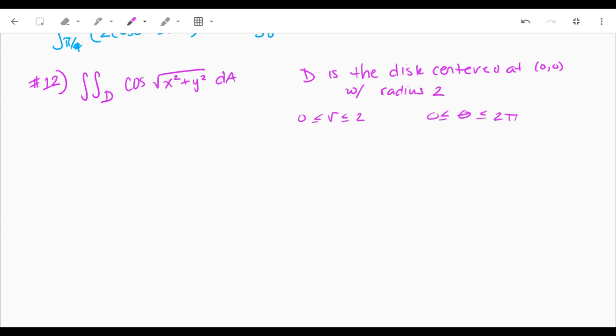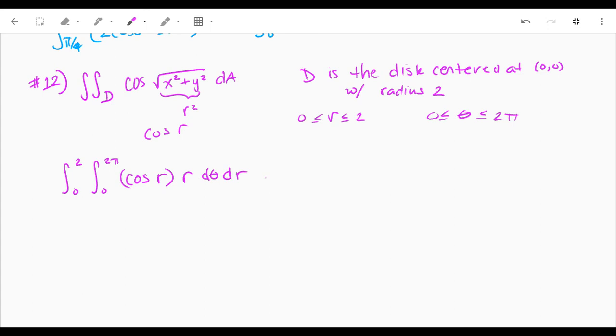Okay, so now what we can do too is just remember x squared plus y squared would be r squared. So we'd have the cosine of r. So we can do the integral from 0 to 2, integral from 0 to 2 pi, cosine r times r d theta dr. And this is another one too where we can separate it.